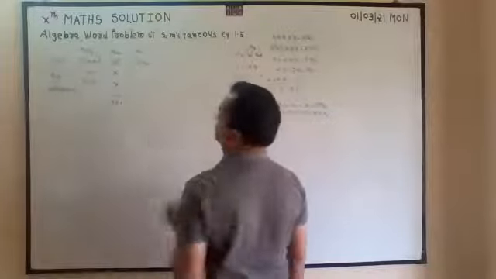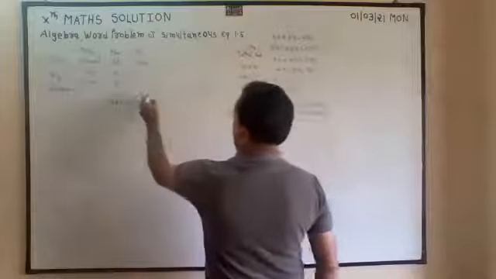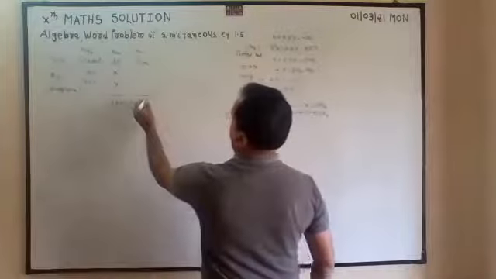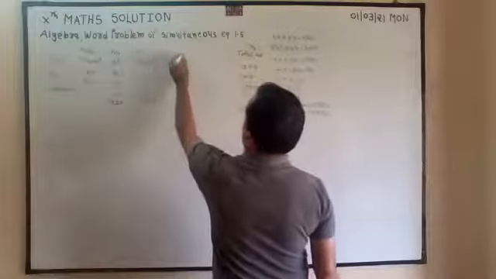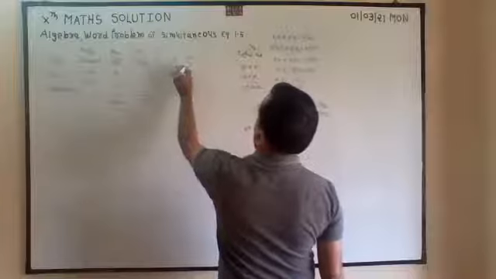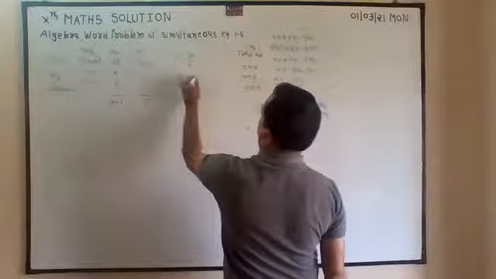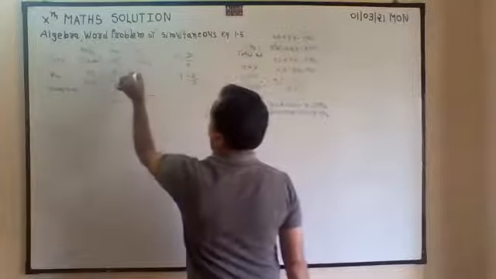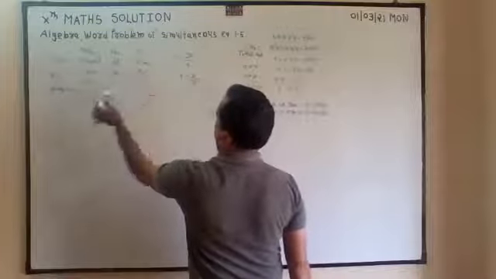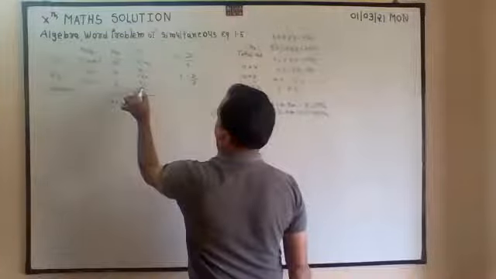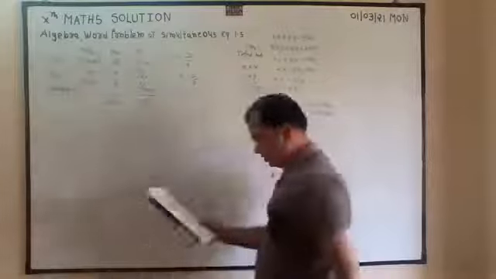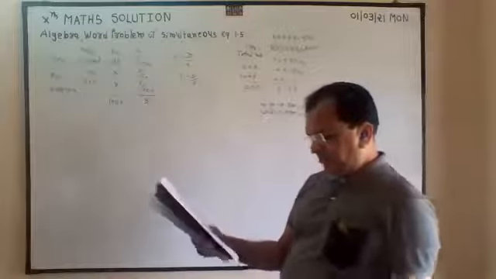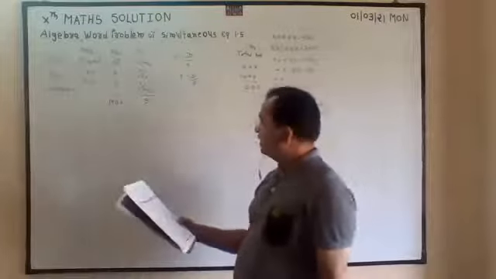But the total distance is this. Total time they have given is 5 hours. So speed is equal to distance by time, so time is equal to distance by speed. So x by 60, y by 700. 60, 700, 1900, 5, all are correct.